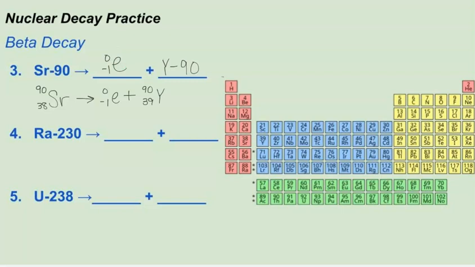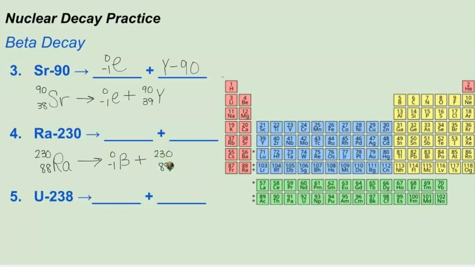Then we have Ra-230. We'll start by writing our full isotope notation, 230 at the top, and we need to find this element on the periodic table. Ra is right here, number 88, so we can fill in that atomic number 88, and now it's undergoing beta decay, 0, -1, and this time I'll use the beta particle symbol, the beta, plus something with the same mass number, 230, but an atomic number that's one higher.